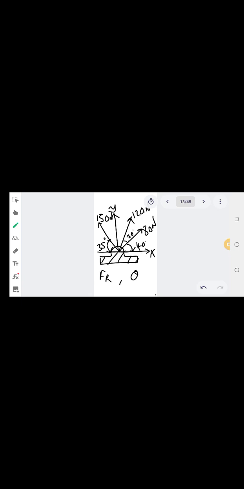So we shall use the method of components of resolving each and every force into the x and y components. So now to come up with the resultant force, what we need is the summation of the components of the forces in the x, and the summation of the components of the forces in the y.